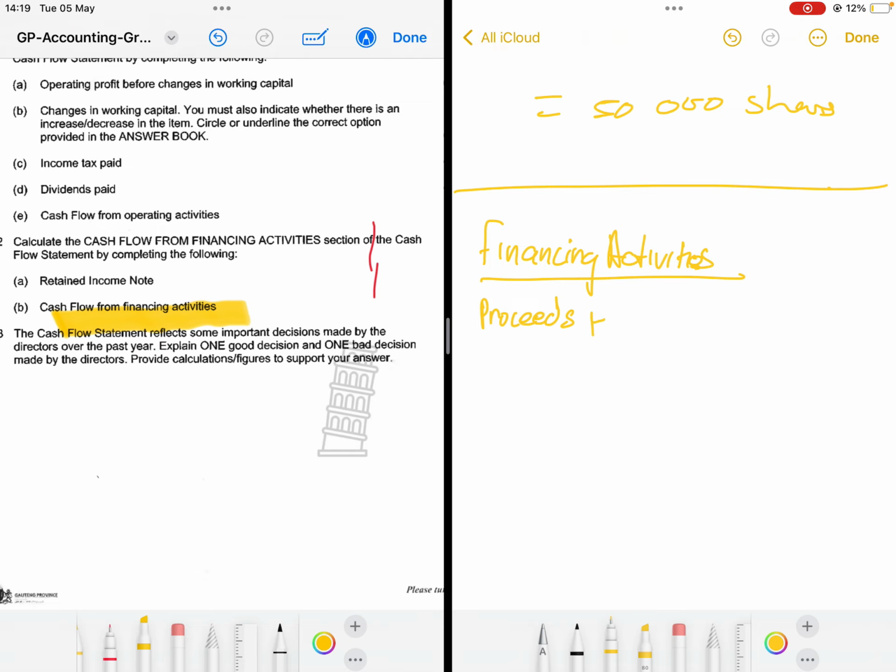Proceeds are from issued shares, meaning the additional shares value. You can say additional shares value, positive. You sold the shares, so you receive something at the company. So all the time the proceed is positive. Proceed is the cash received when selling.